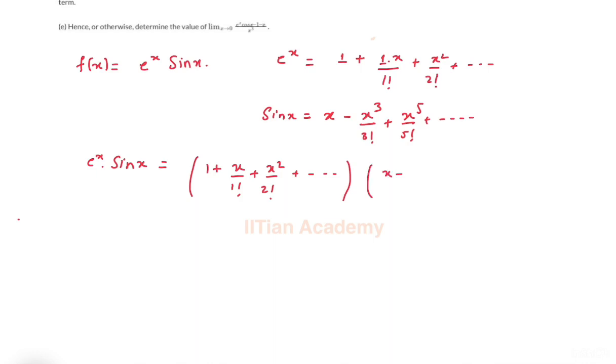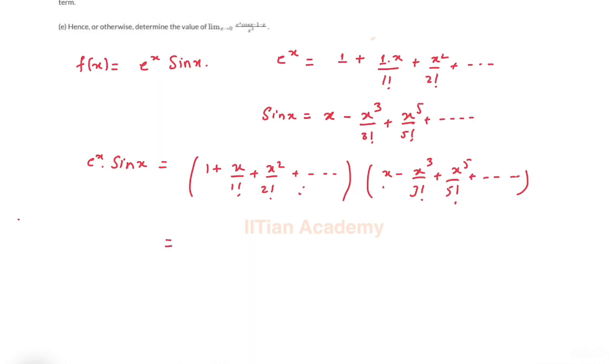And in the second, I will rewrite x minus x cube by 3 factorial plus x to the power 5 by 5 factorial. Please remember, I have not written the x cube term of the first series here because I have to find those terms only up to x to the power 3. So the term x to the power 3 will become x to the power 4 when it is multiplied by x. So it will not be of our importance.